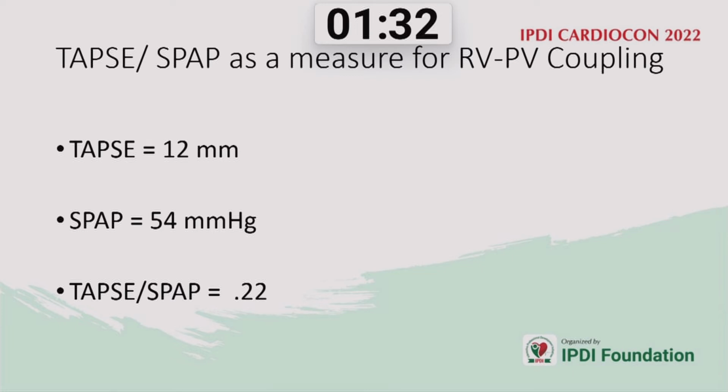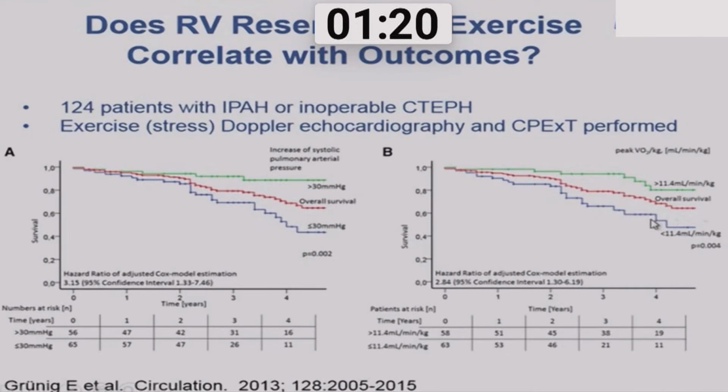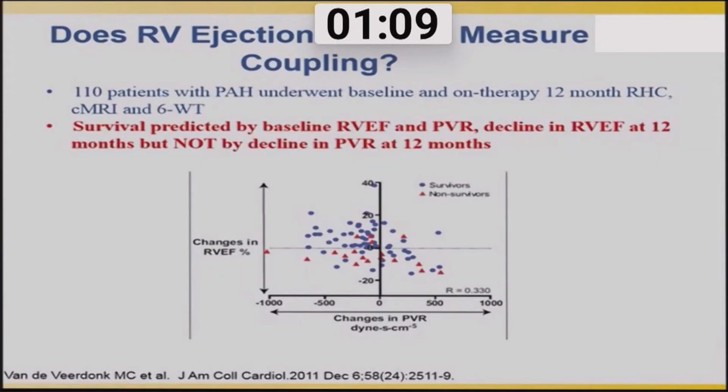So the usual measures, TAPSE and the fractional area shortening, really do not indicate how much the RV is failing. We can also, if you have the notch, know that the pressure afterload has been increased. We have other measures of afterload, like when we exercise the patient and we don't get a response of pulmonary pressure, then we know the patient has got uncoupling.